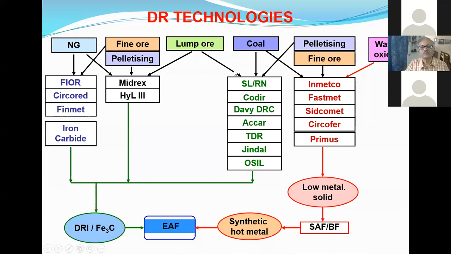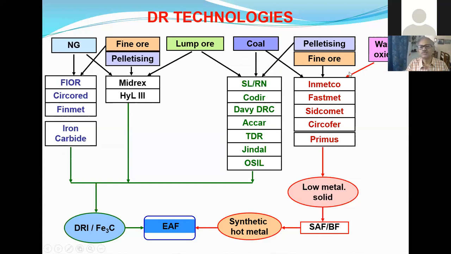Then you have coal based DR processes. There you can use lumpy ore, you can pelletize also, and coal, like the SL/RN, that is the Lurgi-based process, then the Codir process, DAVDRC process, Alice Sharma process, Tata direct reduction process, Jindal process, OCL process, Alicia sponge. So a lot of varieties, and there are rotating processes also.